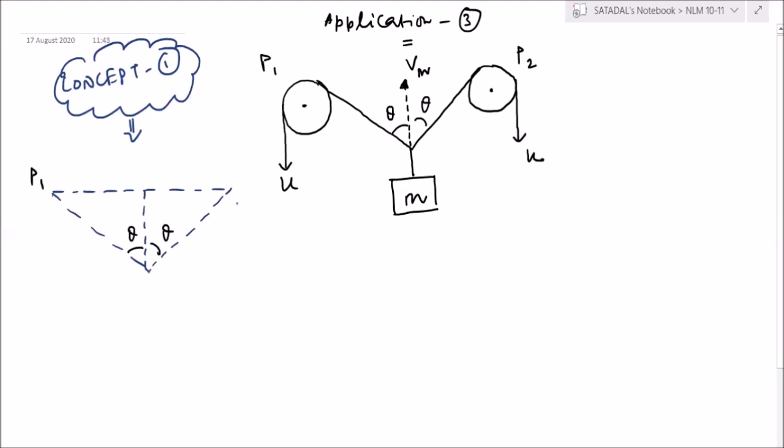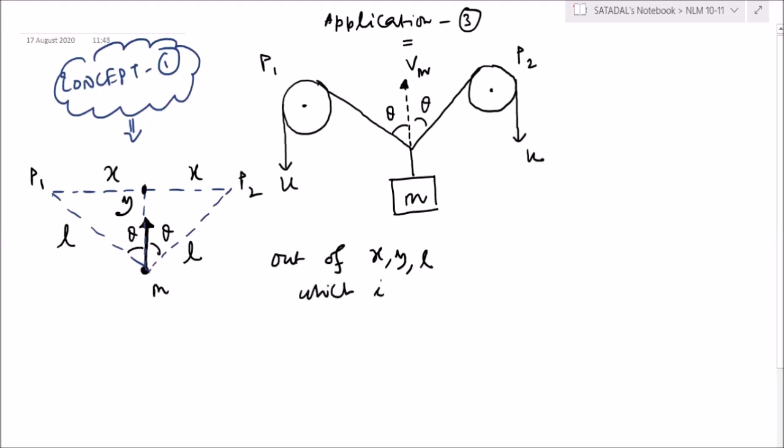These two are the points P1 and P2, and this is mass M. It is moving in the upward direction. I'm going to take this as L, this as L. These two are X and X, and this is Y. Now in this diagram, tell me out of X, Y, and L, which is constant?